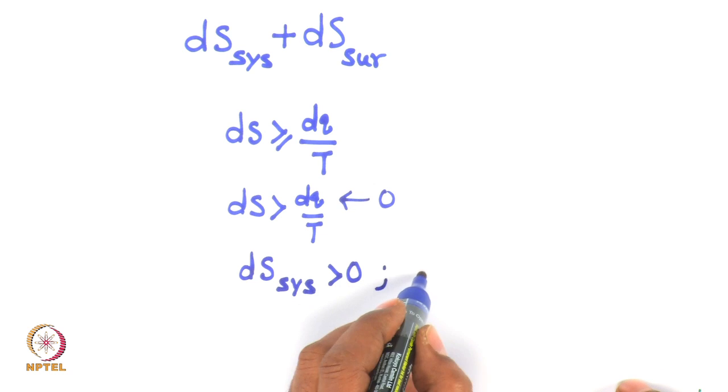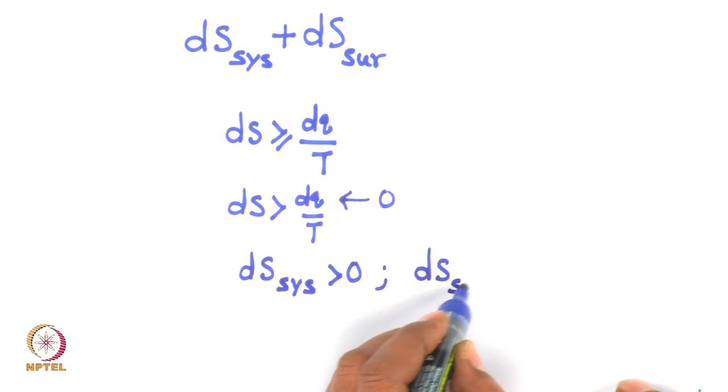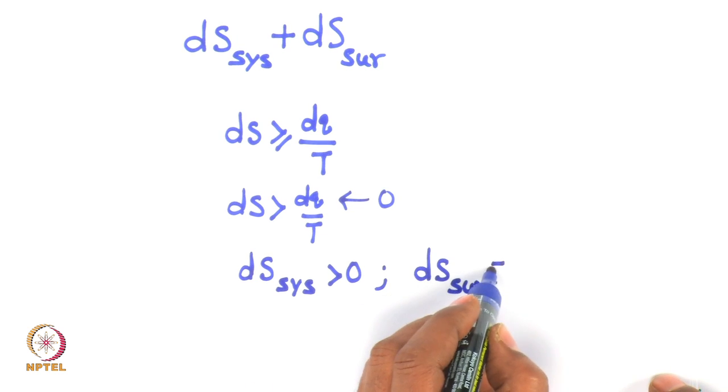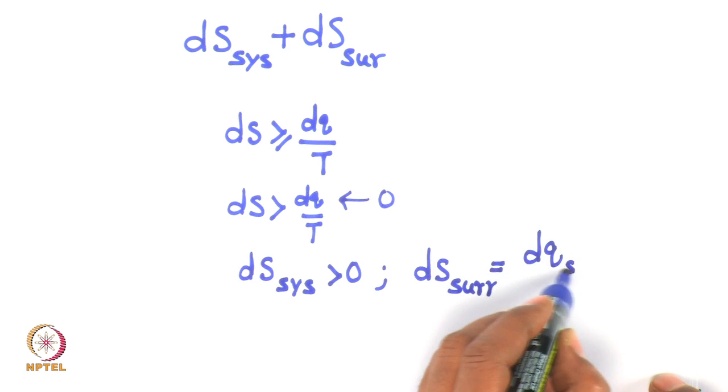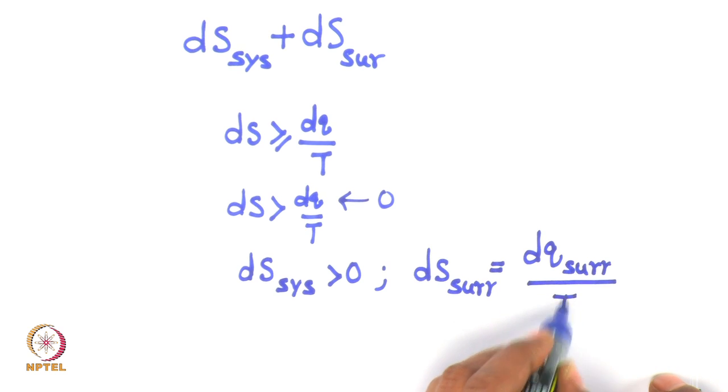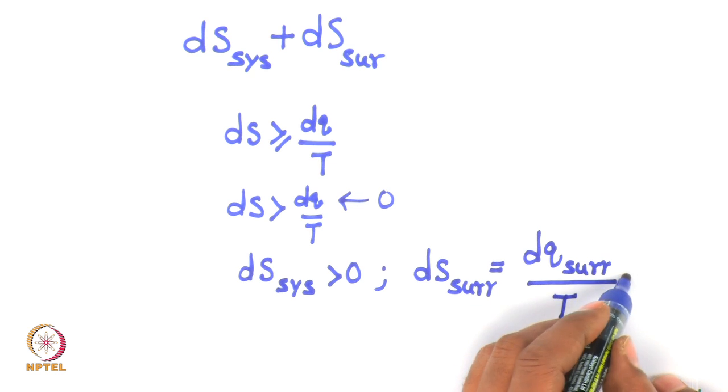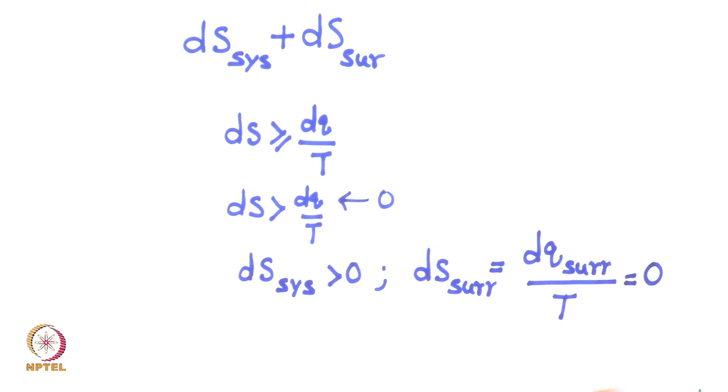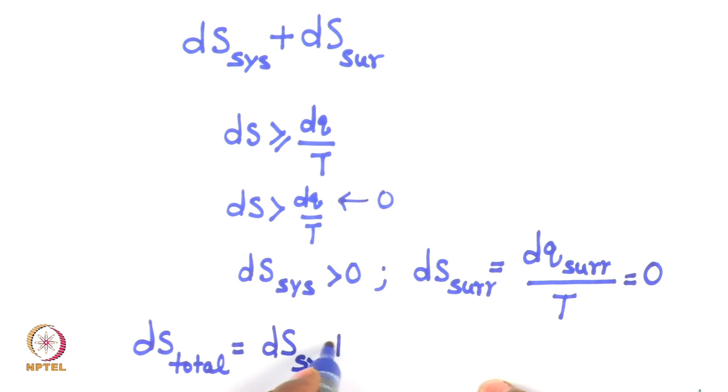At the same time, ds surrounding is always defined as dq surrounding by T, the actual amount of heat transferred to the surroundings. And since there is no exchange of heat between system and surroundings in an adiabatic process, this has to be equal to 0. So, ds total will be equal to ds system plus ds surrounding.